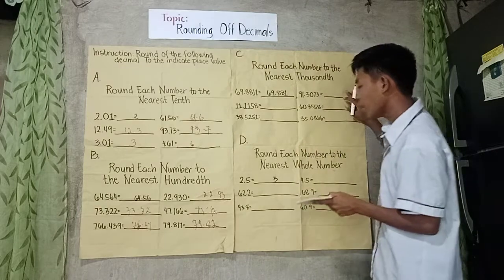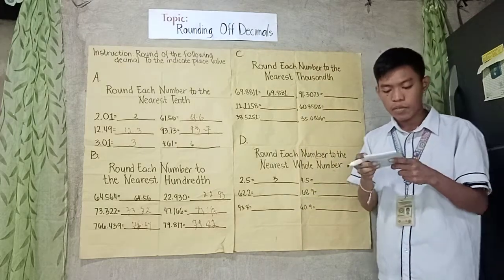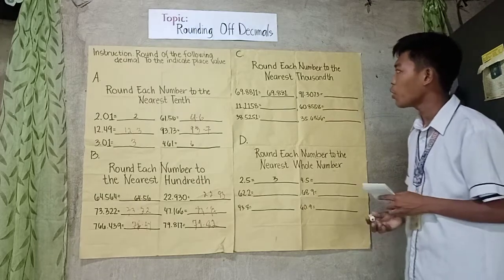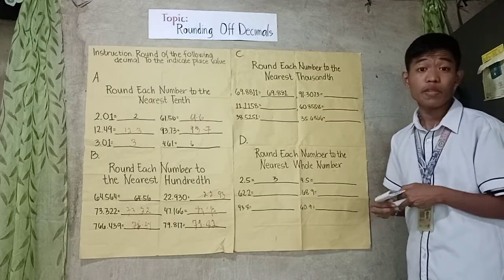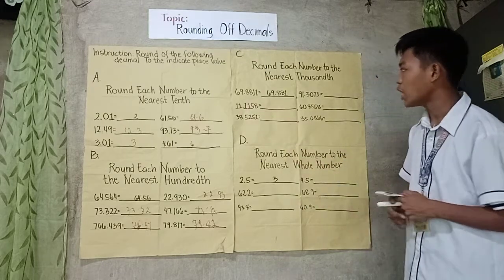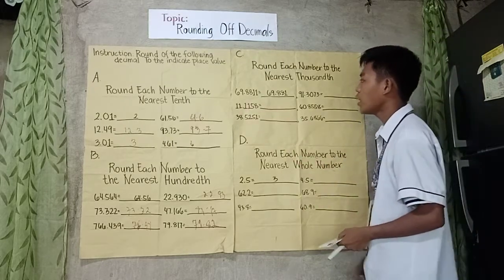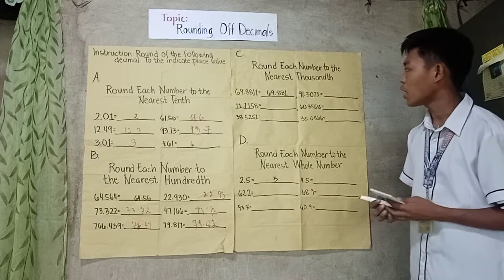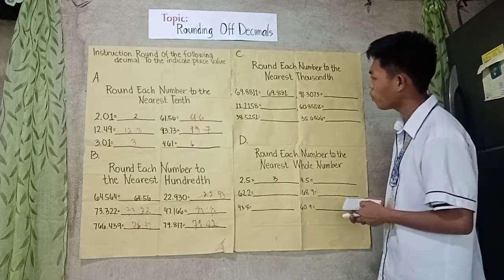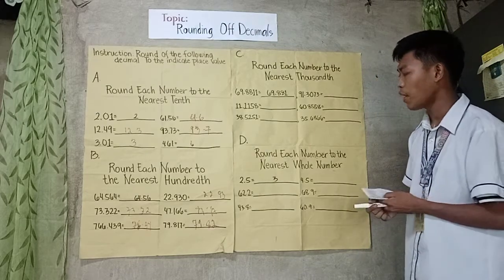For letter C, as I've said earlier, you are to round each number to the nearest thousand. So for this 69.8811, we have the answer already. The answer would be 69.881. So next is 11.1158.